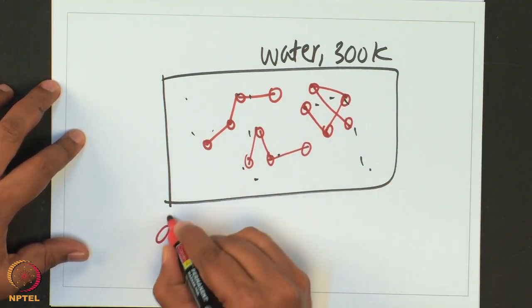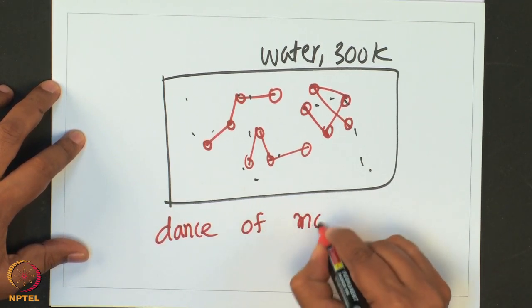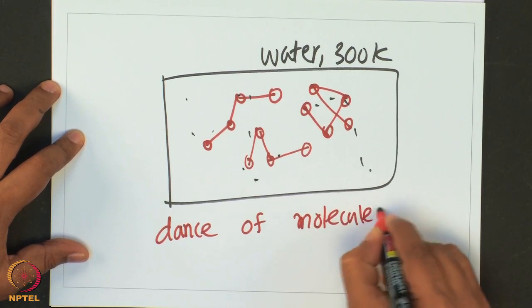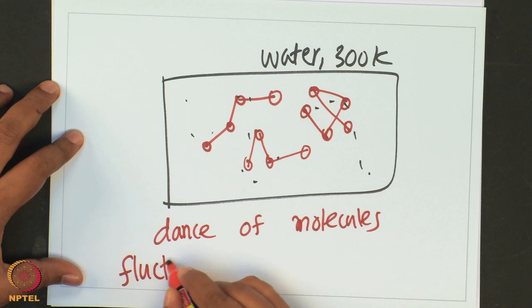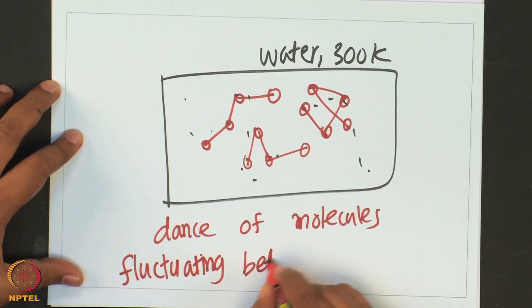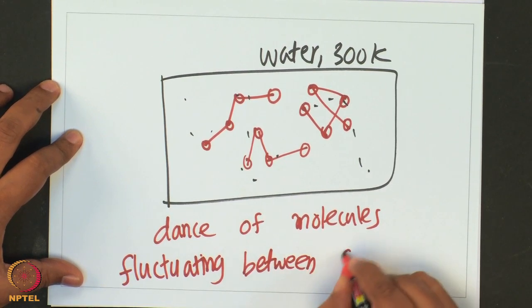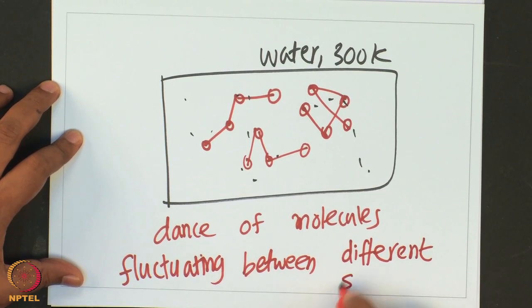So there will be a dance of molecules, fluctuating between different shapes. The amount of fluctuation will differ, but there can be some fluctuations.